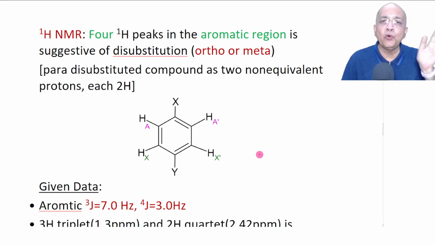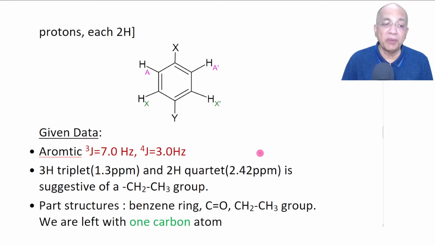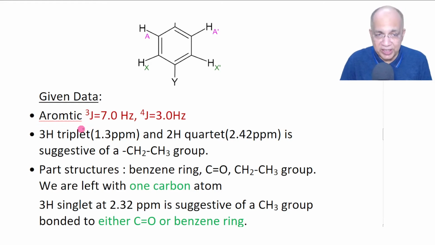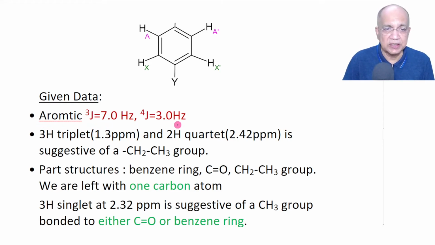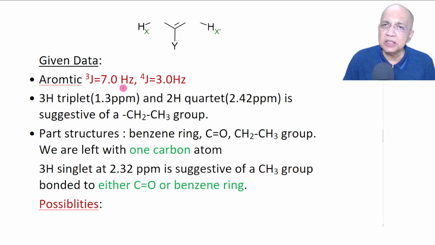We have 4 non-equivalent proton peaks in the aromatic region, so it has to be ortho or meta. So the data suggests that the J3 value is 7 and J4 value is 3.